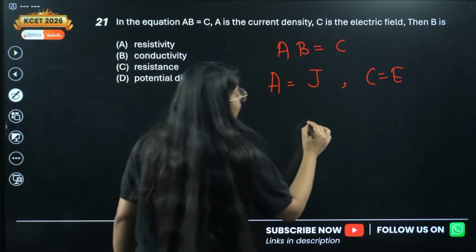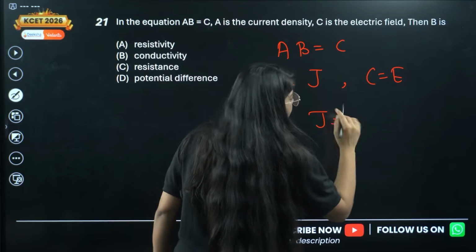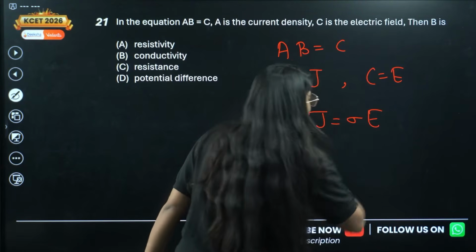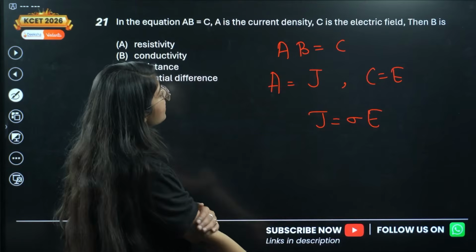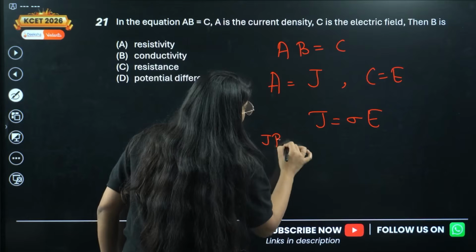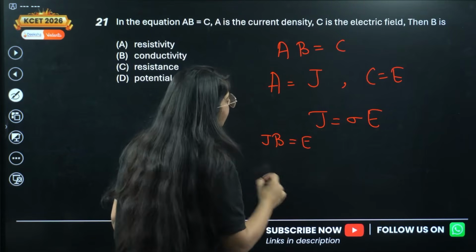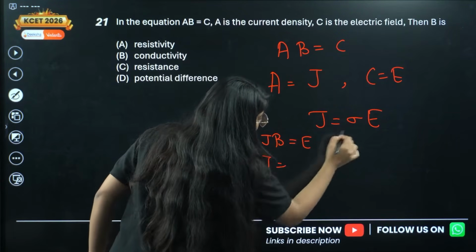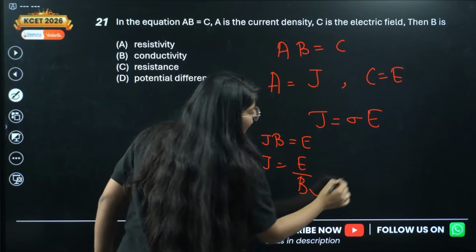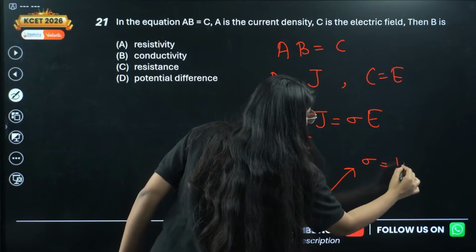It is the alternate form of Ohm's law, that is J equals sigma E. Here we have J into B equals E, so if I write it in this form, this will be E divided by B.